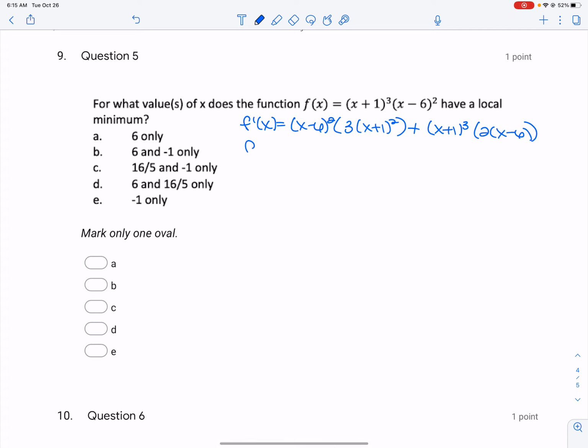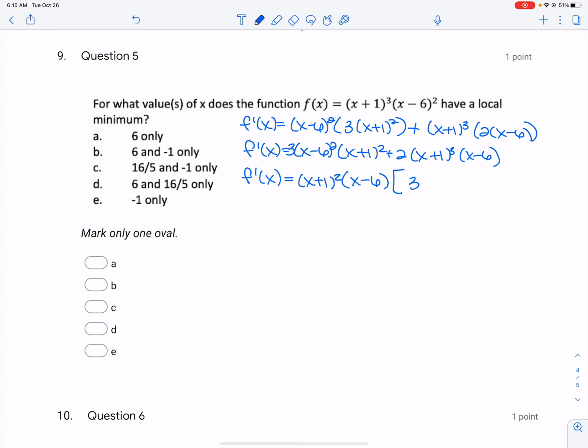And so this is where that whole factor by grouping was so important when we did this. Okay, so f prime of x. Here I have a common x plus 1, the quantity squared, and I have a common x minus 6. What that leaves me with is a 3 times x minus 6 and a plus 2 times x plus 1.